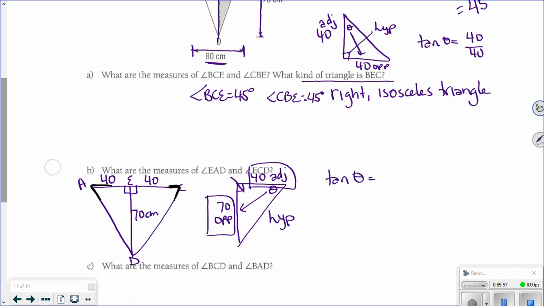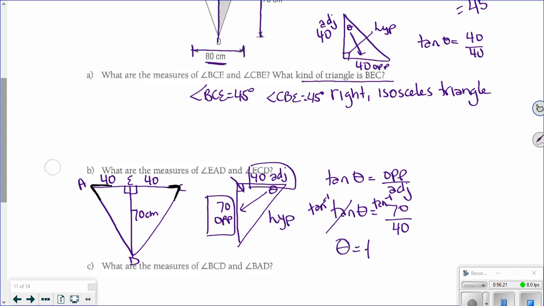Tan of my angle equals opposite over adjacent. So tan of my unknown angle equals the opposite, which is 70, divided by the adjacent, which is 40. I'm going to do the inverse to cancel out my tan, get my angle by itself.